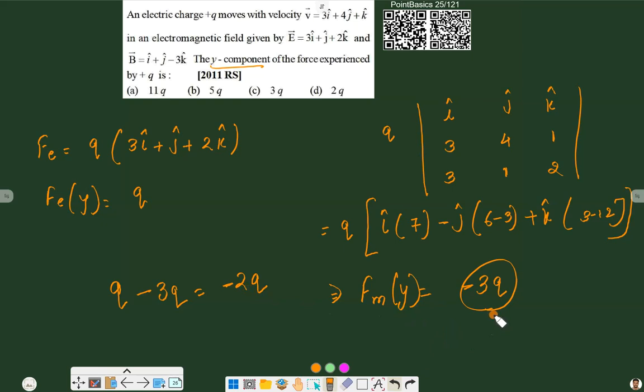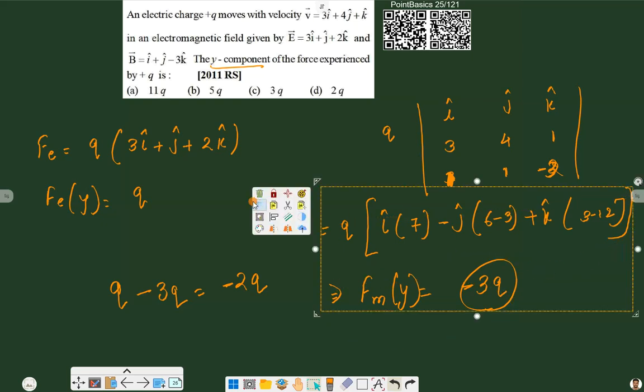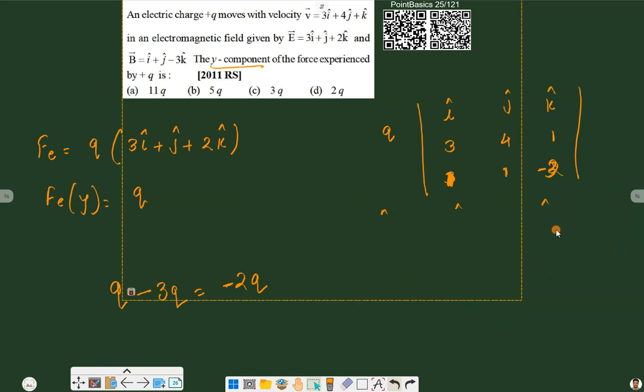Okay, we made a blunder here: we took the values for the electric field. Actually, we have to take the values for the magnetic field. So it is 1, 1, minus 3. And now we will only calculate the Y component to save time. Let's delete this.